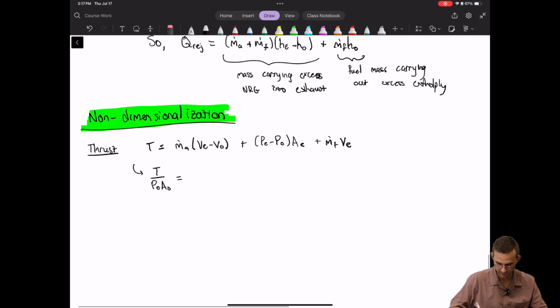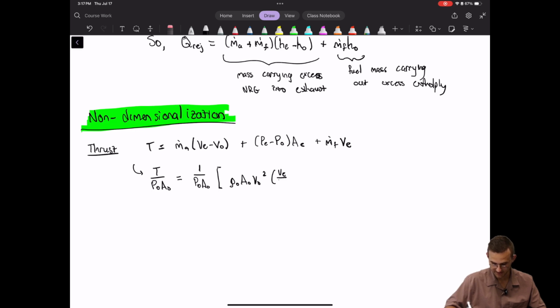This is 1 over P naught A naught times this, and let's sort of expand our definitions here. We'll have rho naught A naught V naught squared times (VE over V naught minus 1). Okay, trying to make everything non-dimensional here. Plus AE times P naught, divided by (PE over P naught minus 1). Okay, we're pulling out those things.